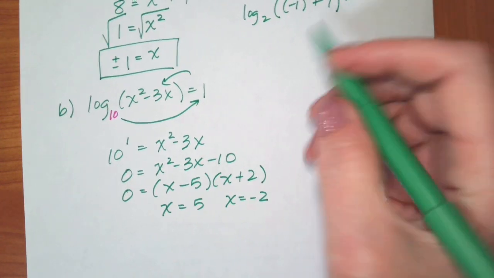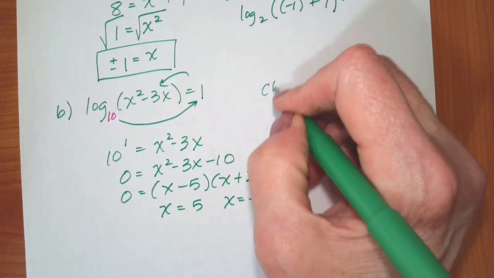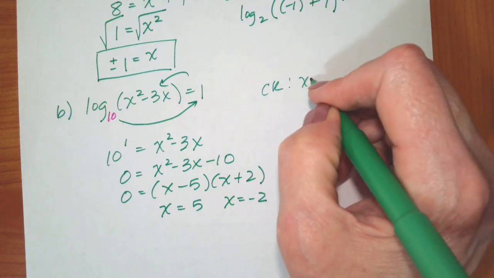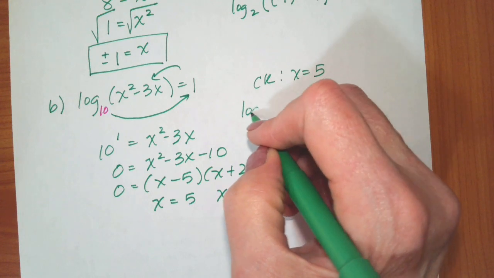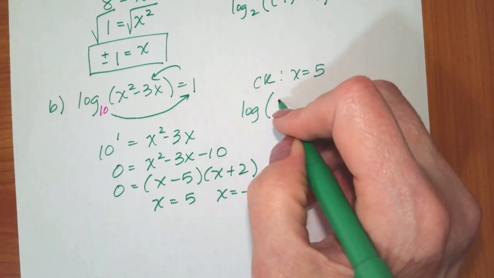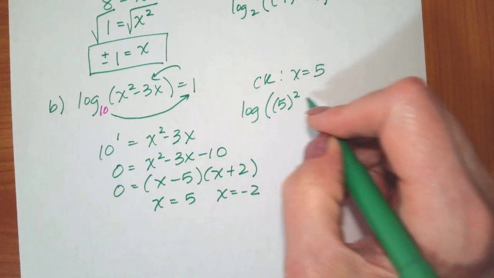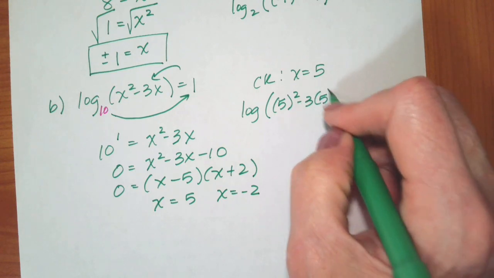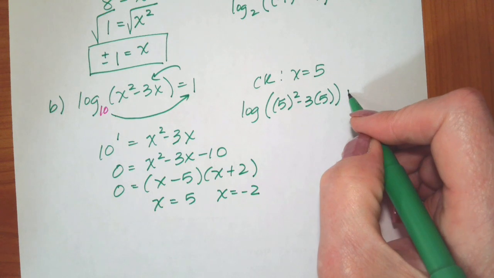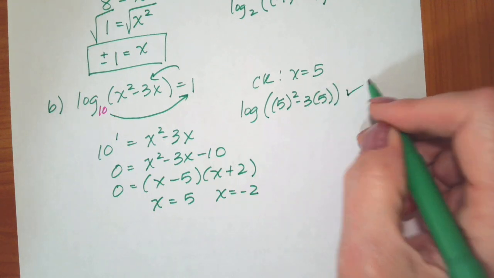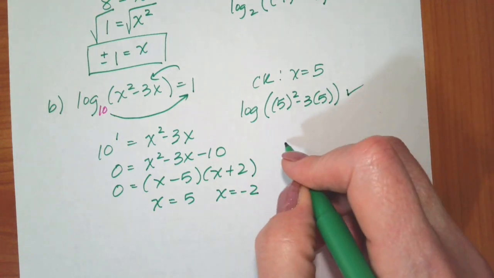Okay, so let's check both of these. All right, so let's check x equals 5. So the log of 5 squared minus 3 times 5, that's 25 minus 15, which is 10, so that works.